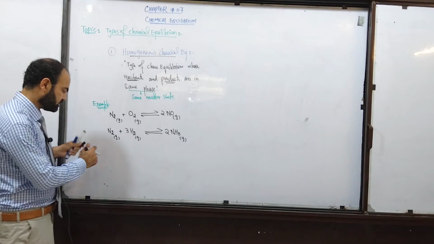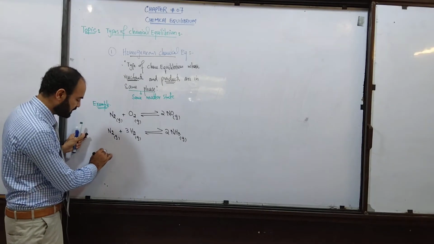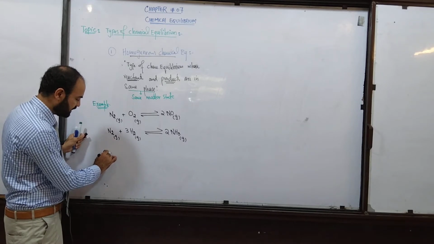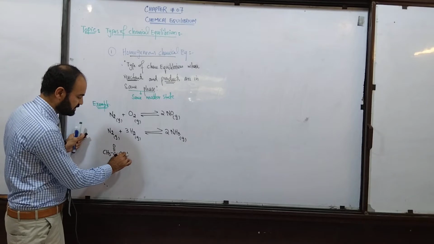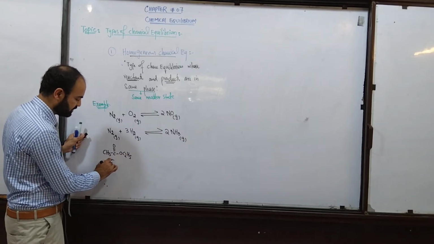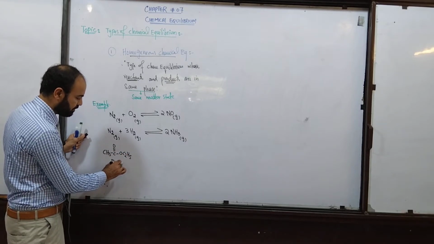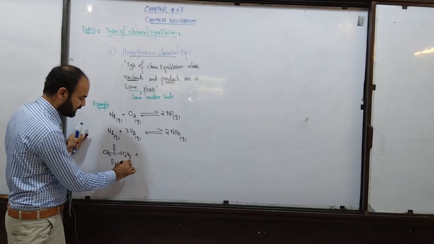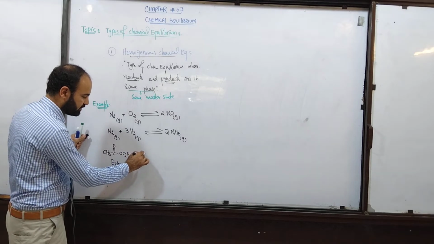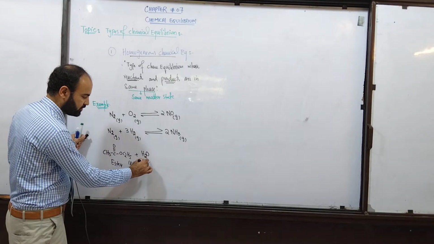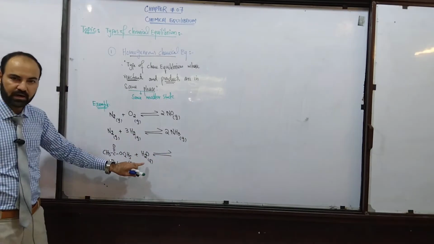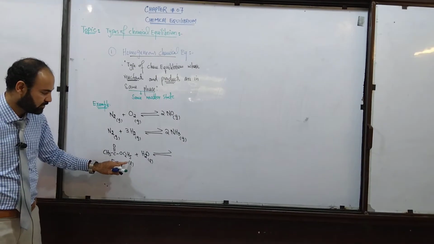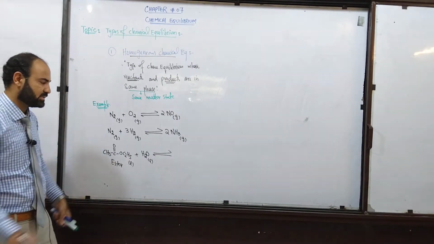Okay, look, for example, if we take ethanoate, an ester, an organic compound in the liquid state. We hydrolyze this ester by hydrolysis; the ester is in the liquid state, water is in the liquid state.